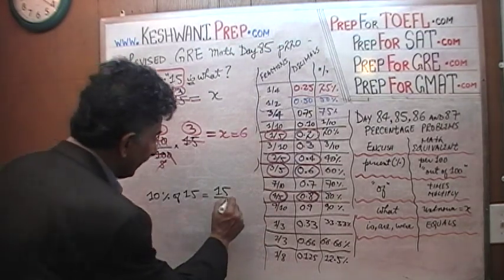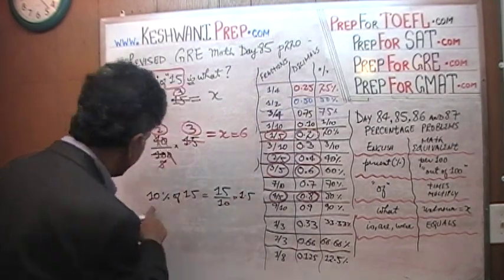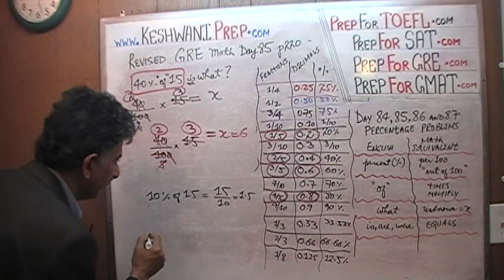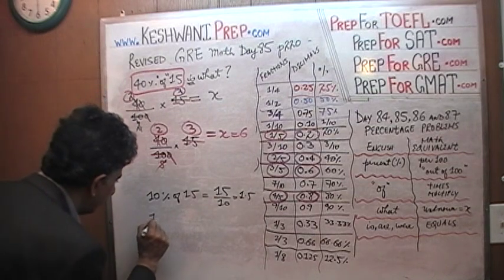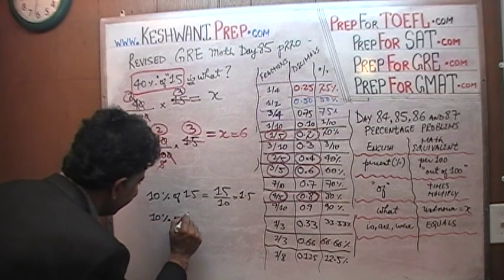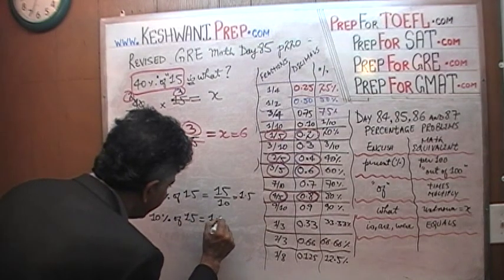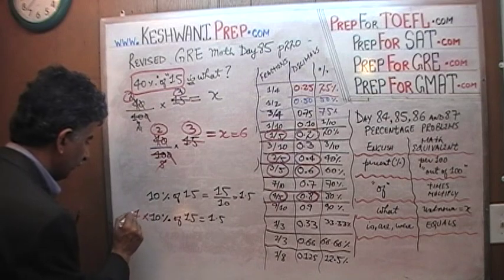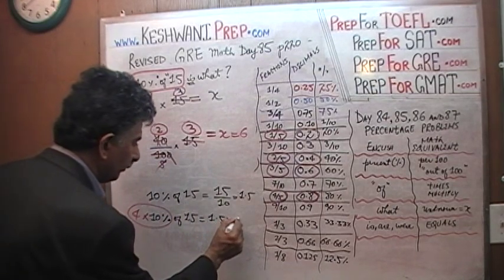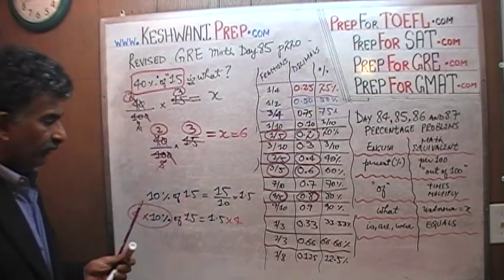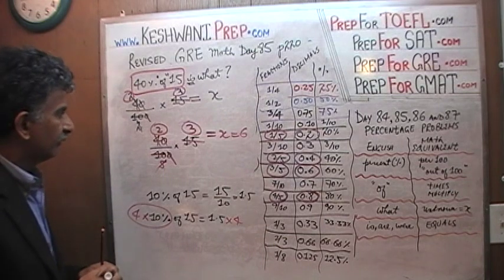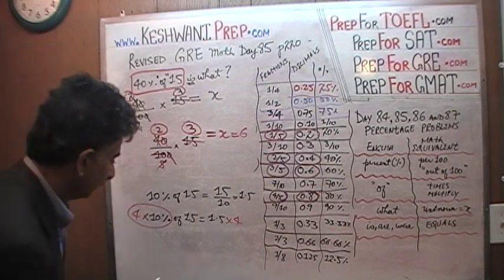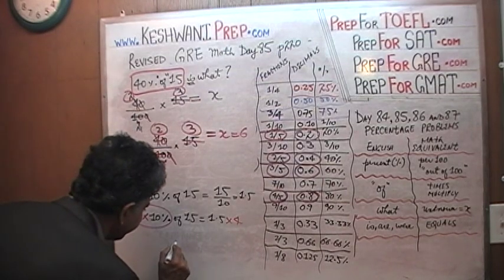So 15 divided by 10 is just 1.5, which is the 10%. If 10% of 15 equals 1.5, then it stands to reason that if you were to take 4 times the amount, 40% should be 1.5 times 4. And how do you figure out 1.5 times 4? That may sound like a very silly question to you, but there is a reason why I'm asking you this. 1.5 times 4.